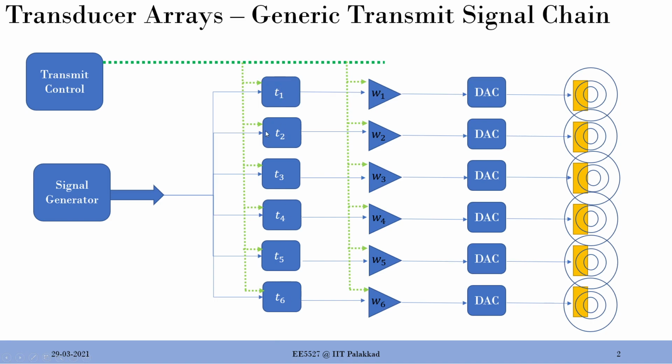Some delay adjustment you have to do so that it can be tilted, directed or focused. If it is plane wave, zero angle, it's all zero here. A control unit will give the delay, so that the transducers or antennas will be excited at different times or at the same time, depending on the type of transmission.